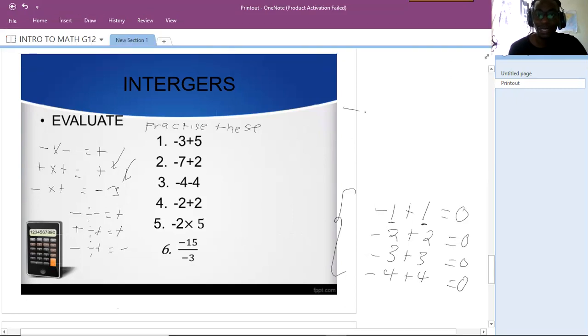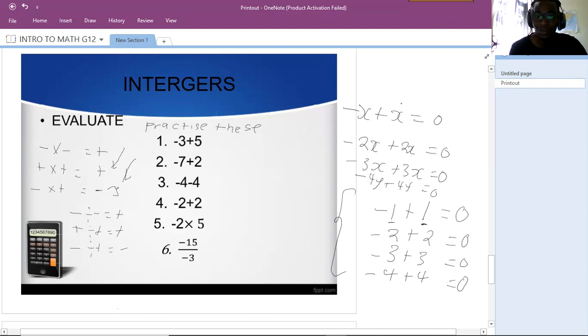If they say minus x plus x, that would be 0. If they say minus 2x plus 2x, that would be 0. Minus 3x plus 3x, that would be 0. Minus 4y plus 4y, it will still be 0.